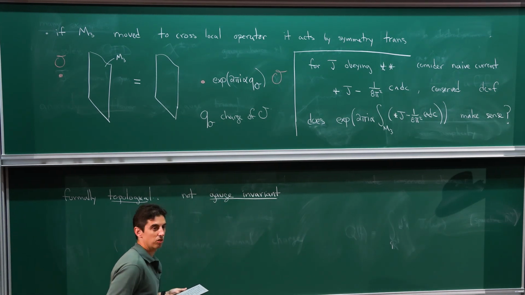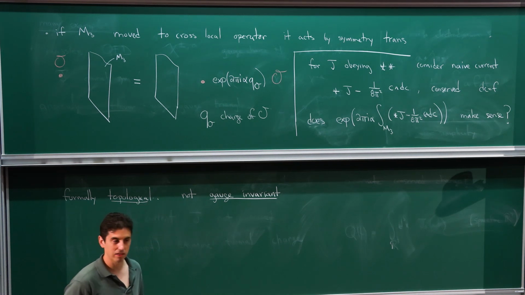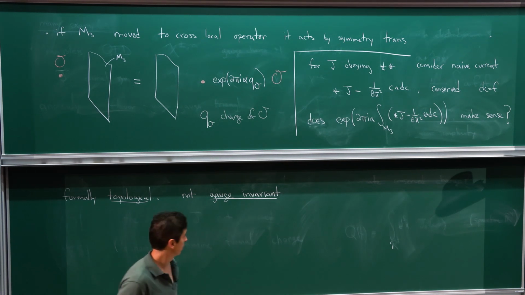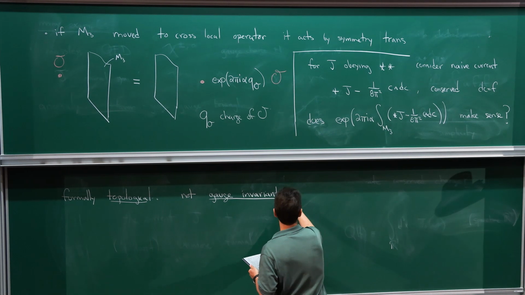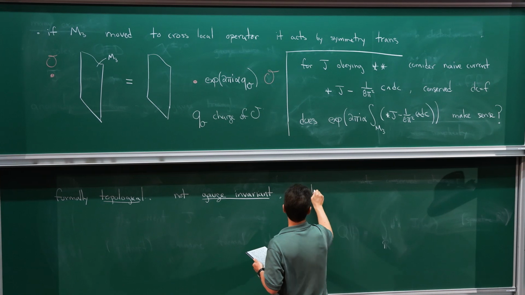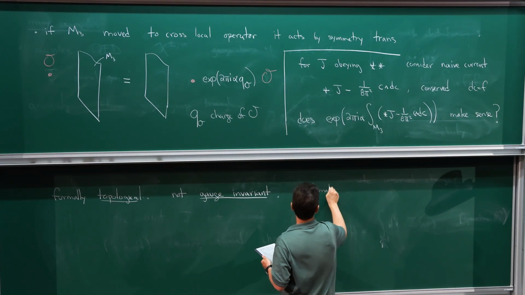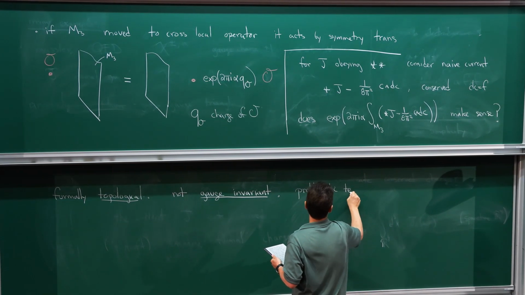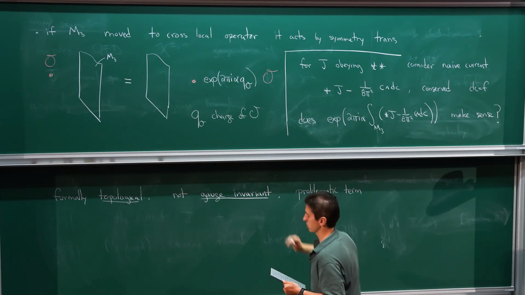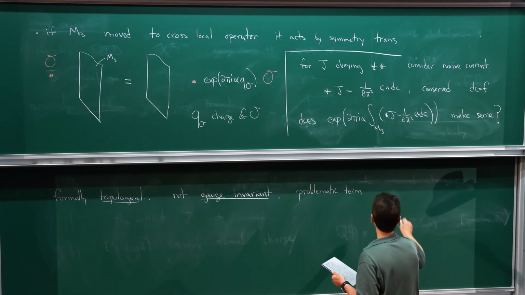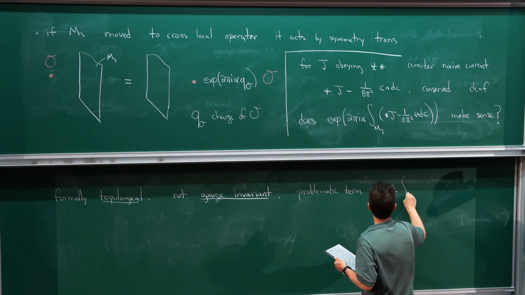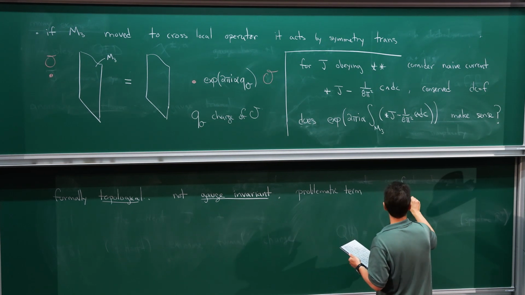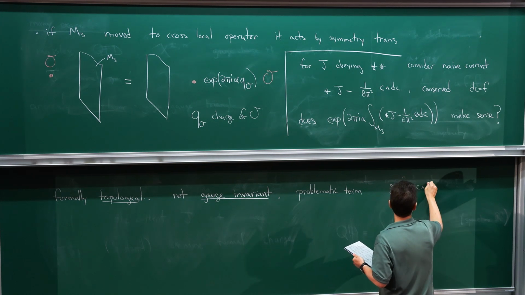Now let's try to be more clear about this not gauge invariant point. So the problematic term from the viewpoint of gauge invariance is this alpha over 4 pi integral over M3 C wedge dc.